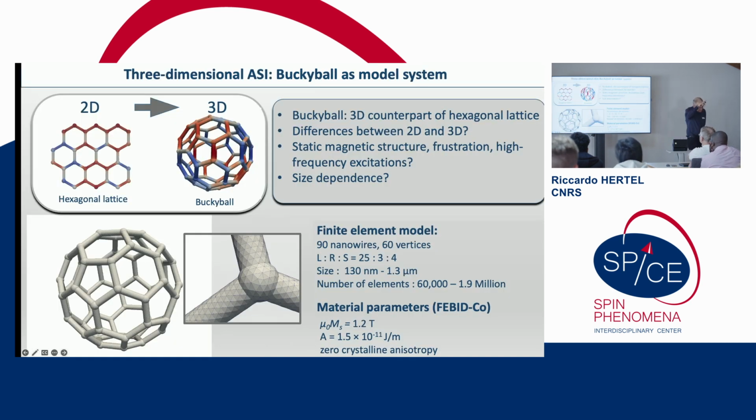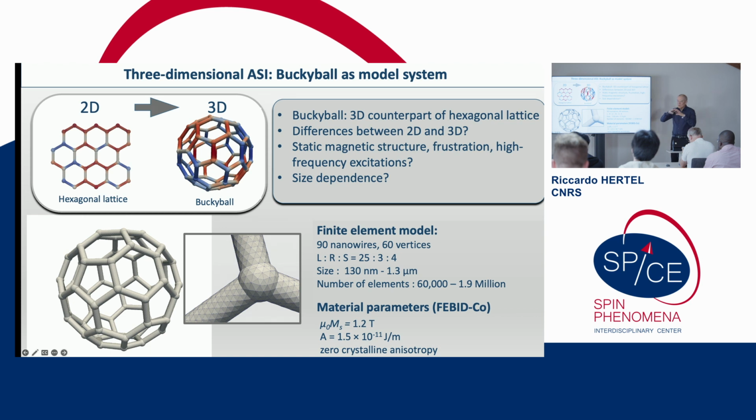Now, back to the physics of these structures. So why is the buckyball interesting? Well, it is, of course, an iconic shape, which is just beautiful. So one wants to calculate, as a simulation person like me wants to know, what the magnetic structure in these structures looks like. But it's also a first kind of generalization of a 2D artificial spin ice system to a three-dimensional one.